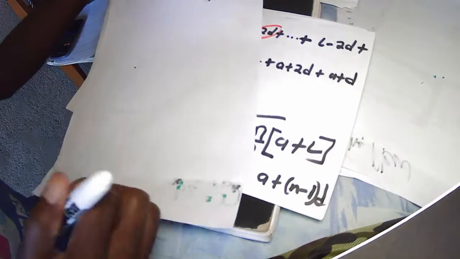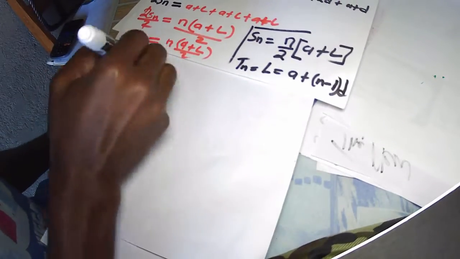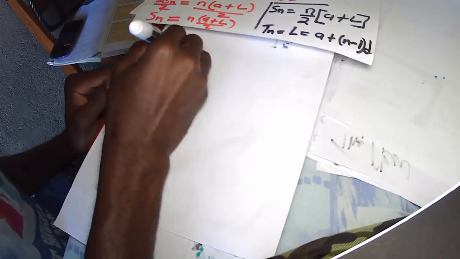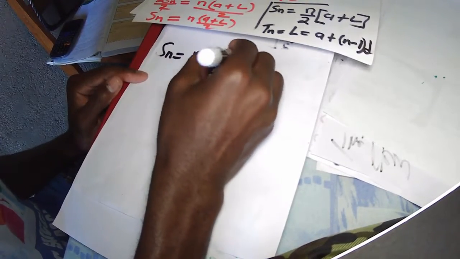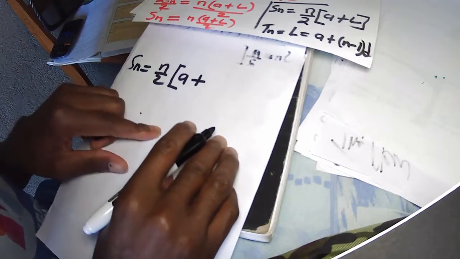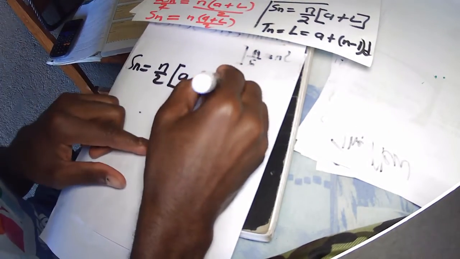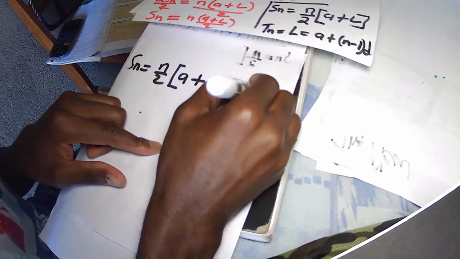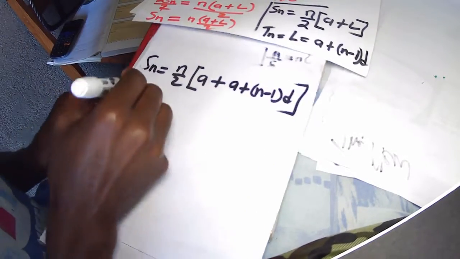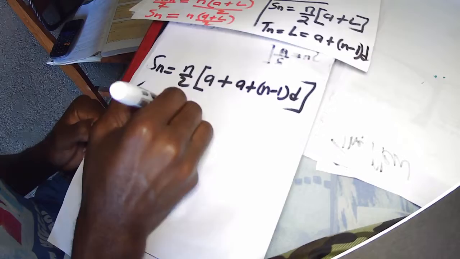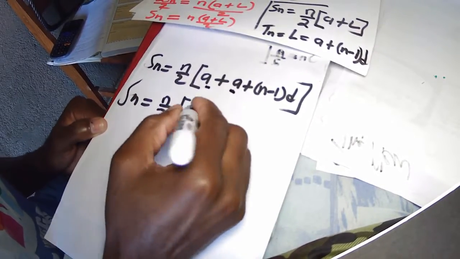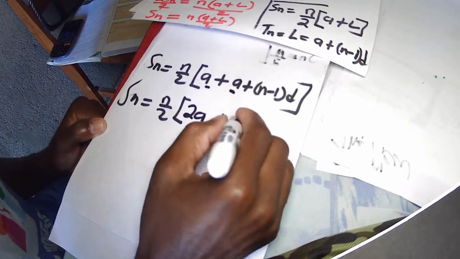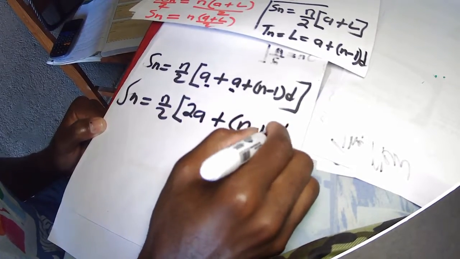Let me try and write that. So in this formula, Sn is equal to n divided by 2, times a plus, what is L? L is Tn, which is a plus (n minus 1)d. So Sn is n divided by 2. If you check inside the bracket, we have two a's, so we add, that is 2a plus (n minus 1)d.